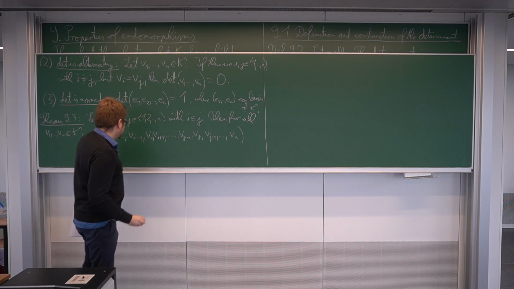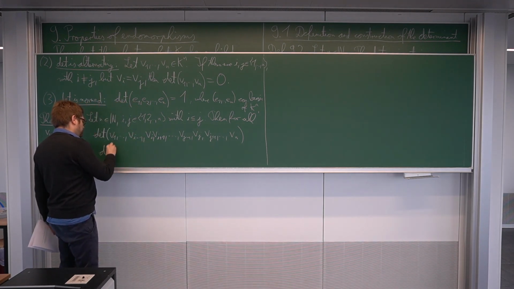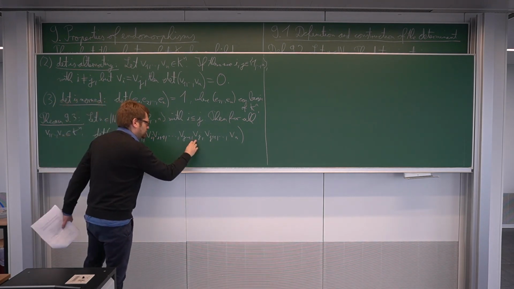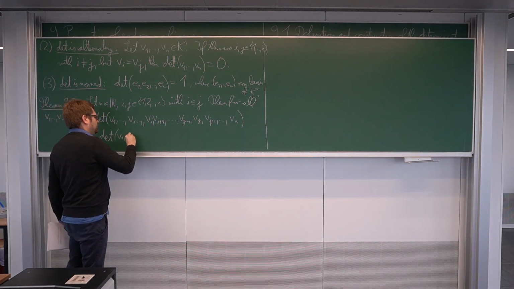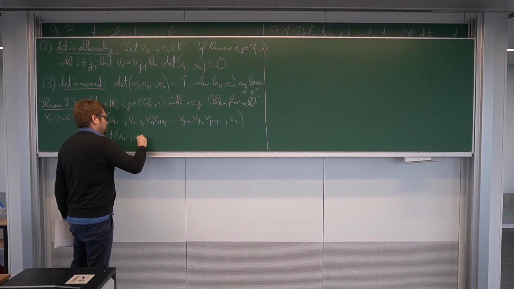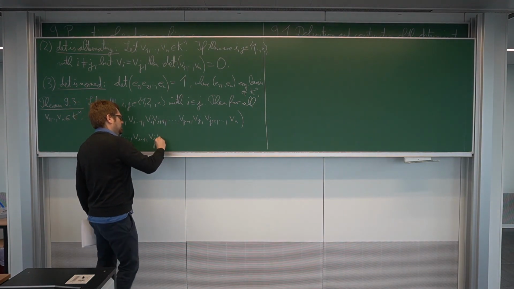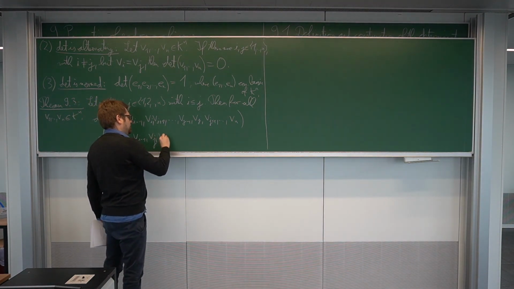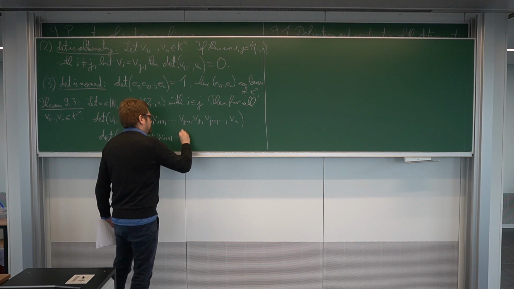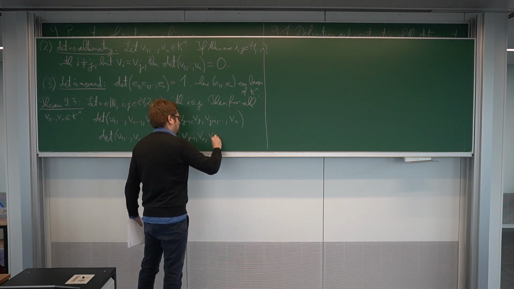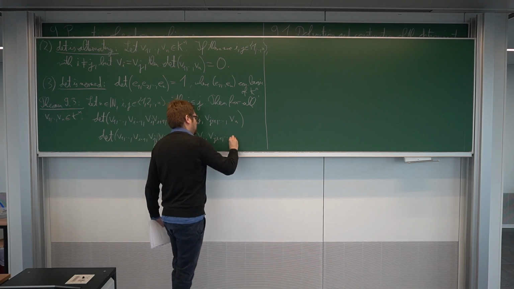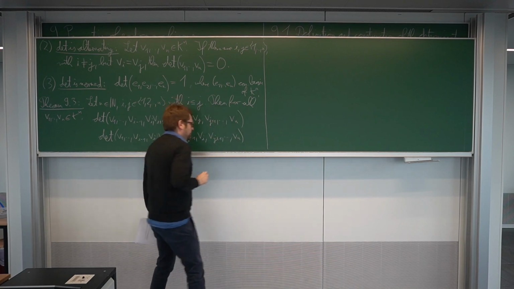Now, what happens if I swap this one and this one? So I just exchange them, which means I would take the determinant of v1 to vi minus 1, vj, and vi plus 1, and here vj minus 1, vi, vj plus 1 to vn.